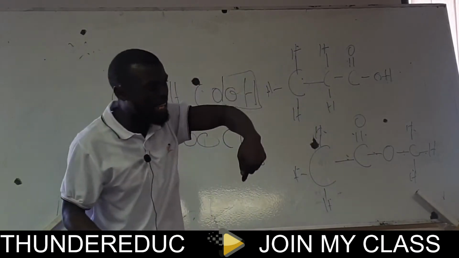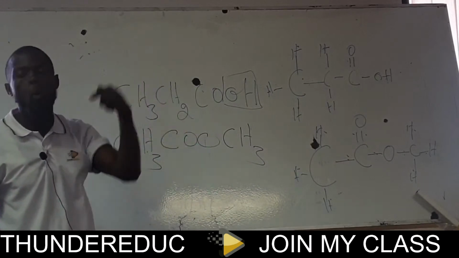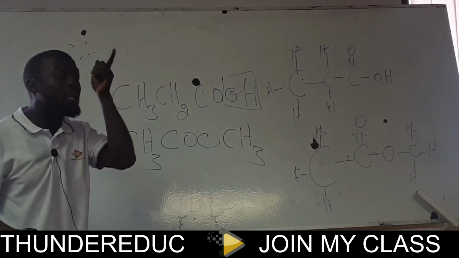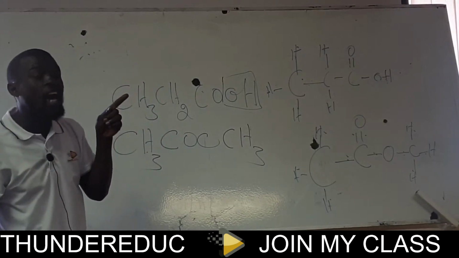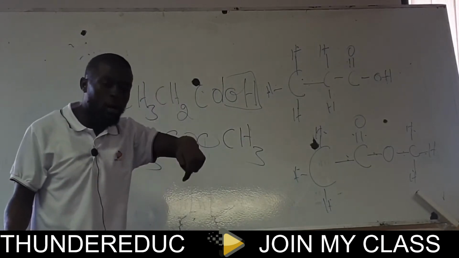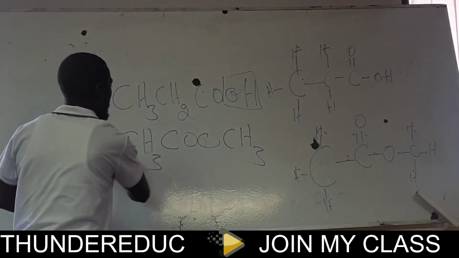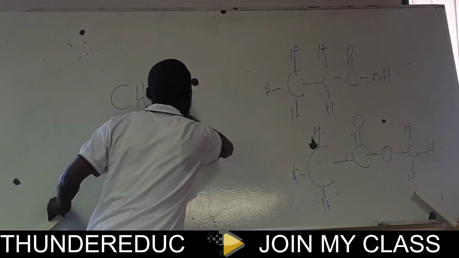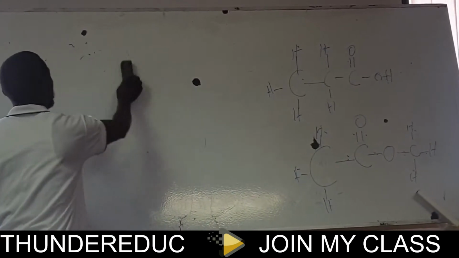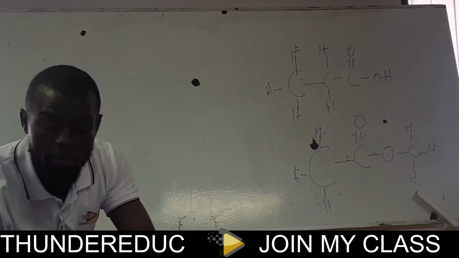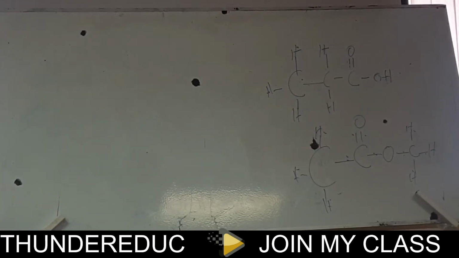The same thing applies to carbonyl compounds. Remember carbonyl compounds? We have ketones and aldehydes. If it is in the middle, then it becomes a ketone. If it is on the side, it becomes an aldehyde.